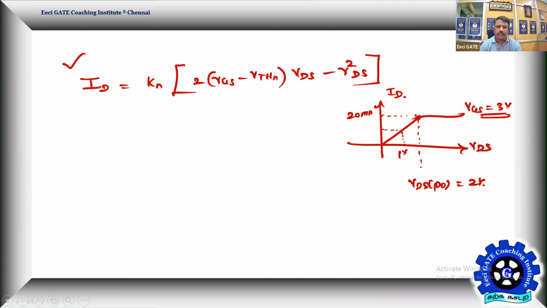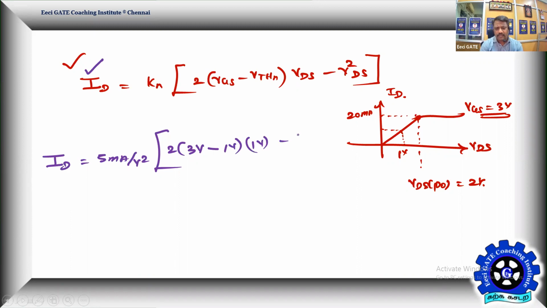Okay, now we found that device is operating in ohmic. Therefore, we have to use this equation. Then what is your ID then? ID equal to, it is again 5 milliamps per volt square into what is your VGS? VGS is taken as 3 minus, it is 1 volt. Then VDS is given 1 volt minus VDS square, that is also 1 volt square.